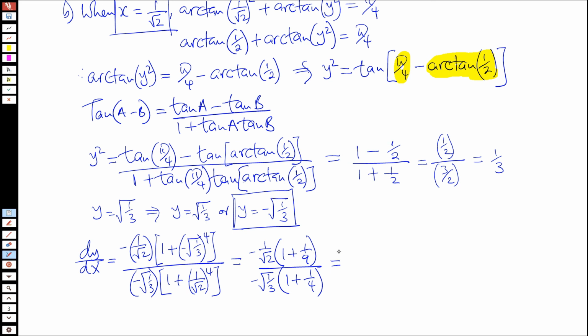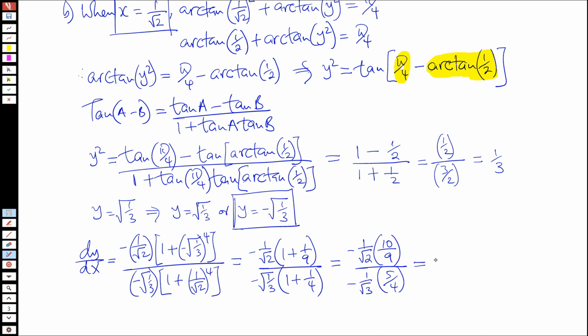So 1 plus a ninth will be 10 over 9, and over here we have negative square root of a third, which is the same as, I think it's better if I write it this way, 1 over root 3. And then 1 plus 1 over 4 will be 5 over 4.